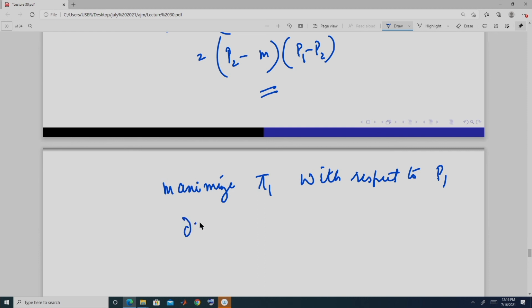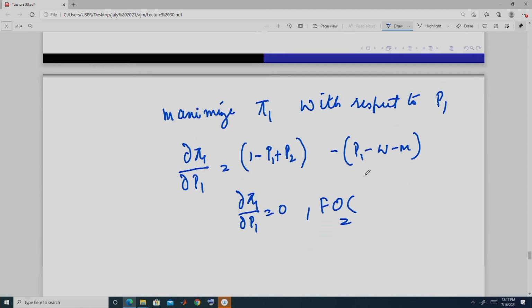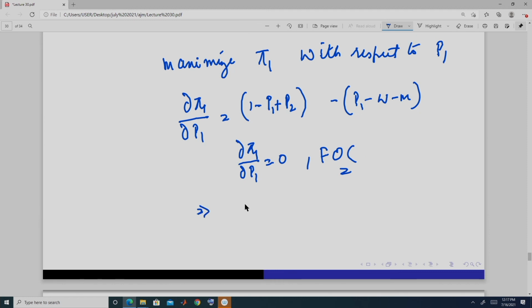So, we get this. The first order condition gives this equal to 0. So, we get the reaction function of firm 1 in this form.